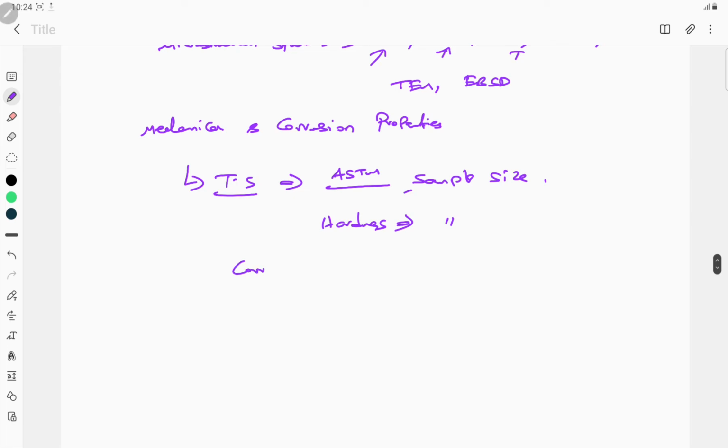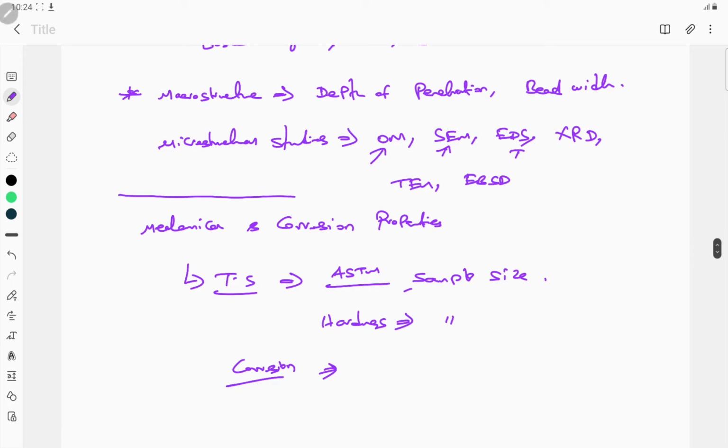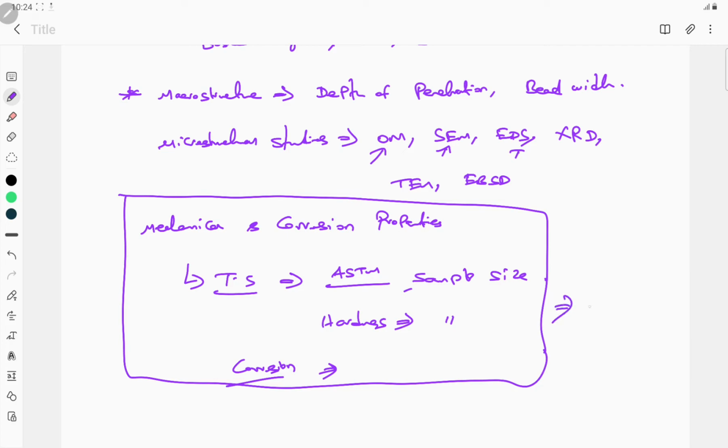And with respect to corrosion, they will also have the standard and what are the solutions they have considered in order to do the corrosion test. So these kinds of general information related to the testing part also will be available in the materials and methods portion. Okay, so generally this portion relates to the quality aspects of the weld.